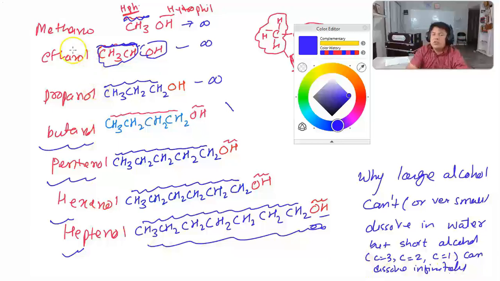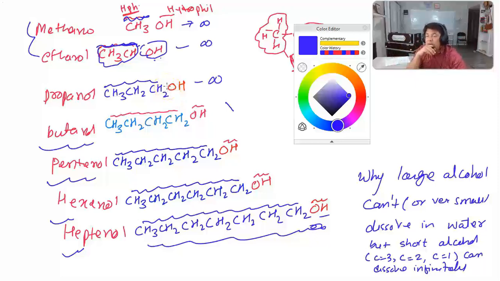Because in short alcohol molecules, the hydrophilic attraction, the hydrogen bond attraction, OH attracting another OH, dominates the hydrophobic repulsion.